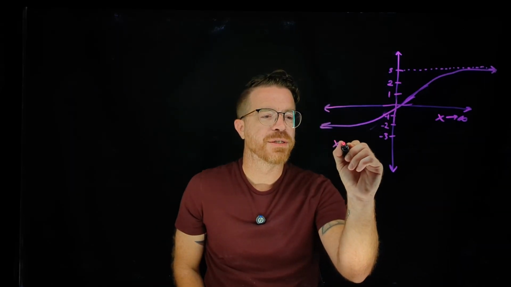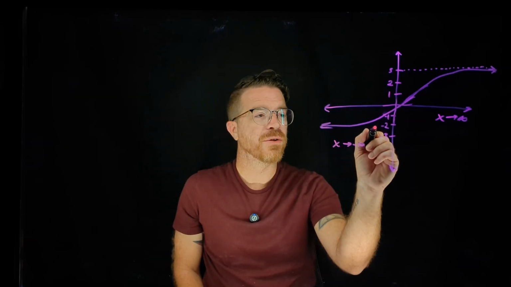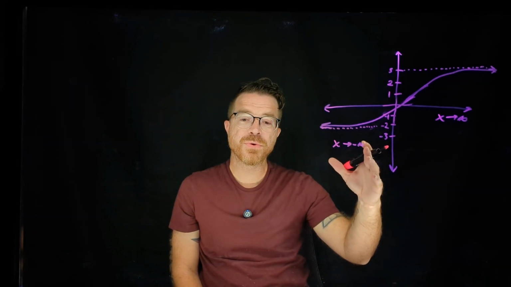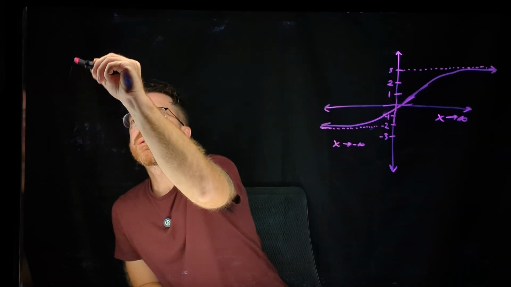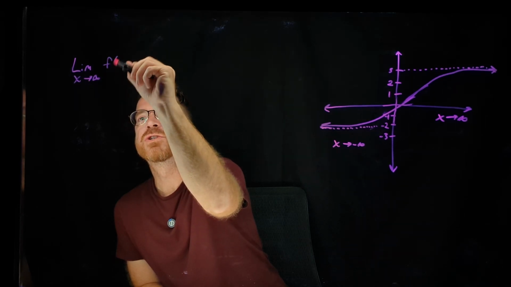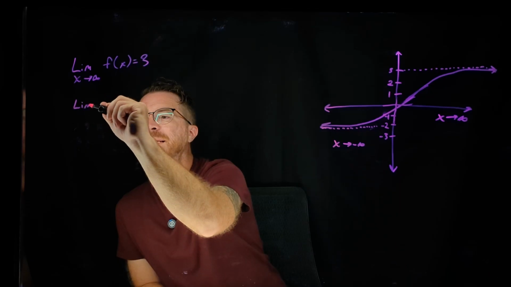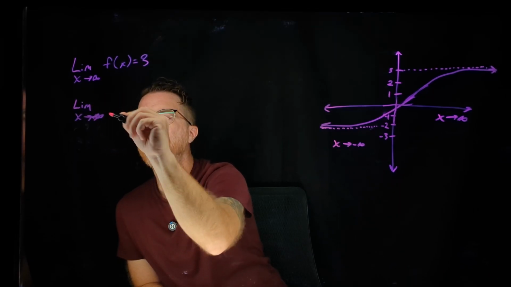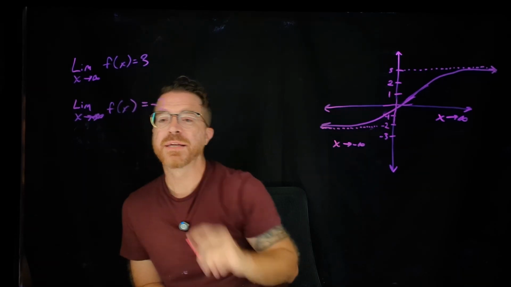As x approaches negative infinity, that is going to the left on our graph, this line is approaching negative 2, but never actually touching it. So this means that the limit as x approaches infinity of f of x is equal to positive 3, and the limit as x approaches negative infinity of f of x is equal to negative 2.